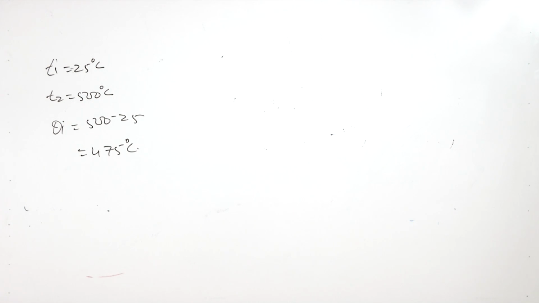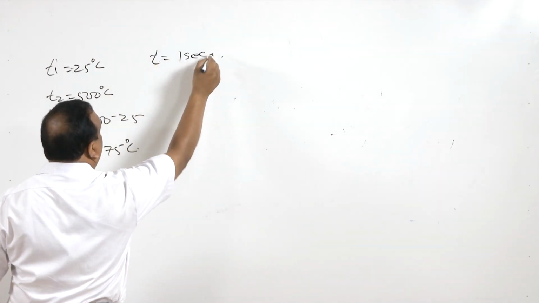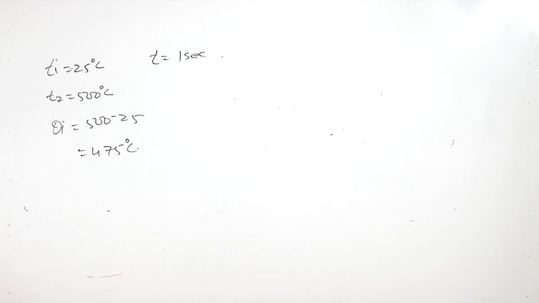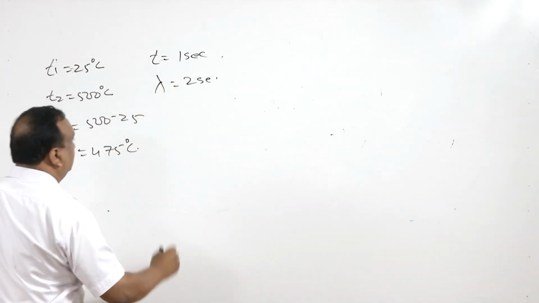Calculate the temperature indicated by the thermometer after 1 second. So t is equal to 1 second, and the time constant is 2 seconds.